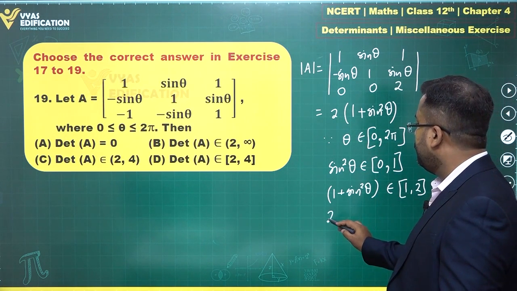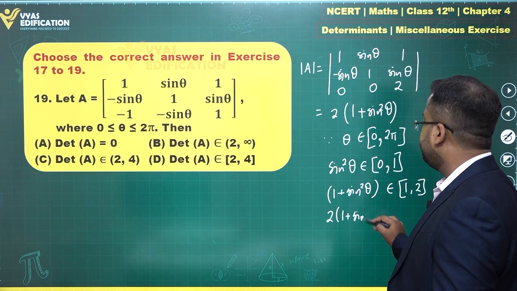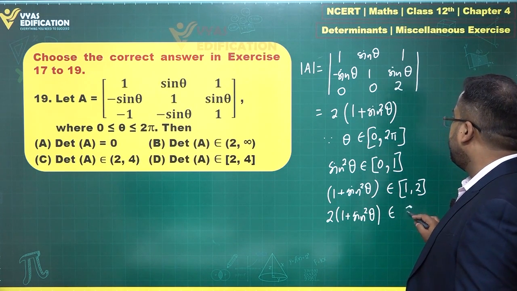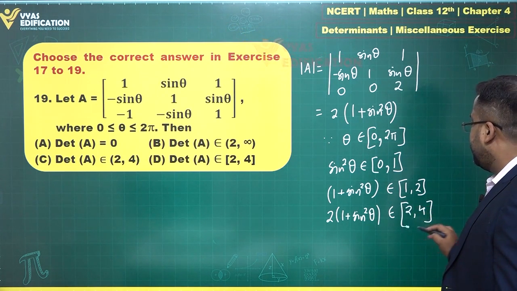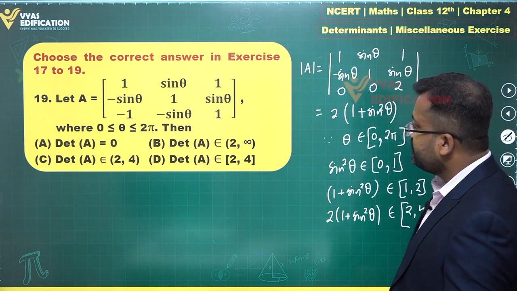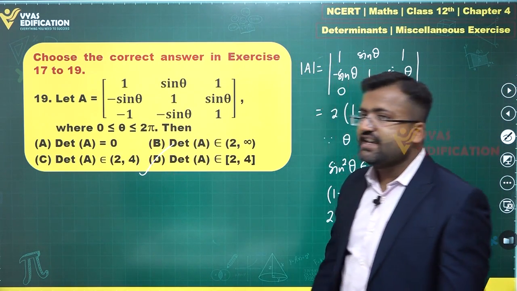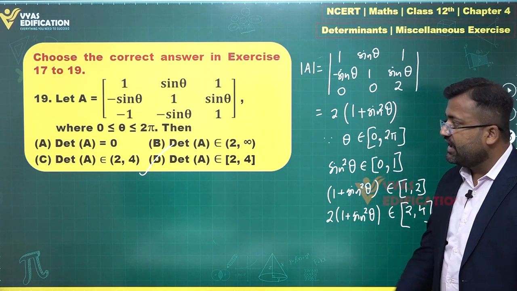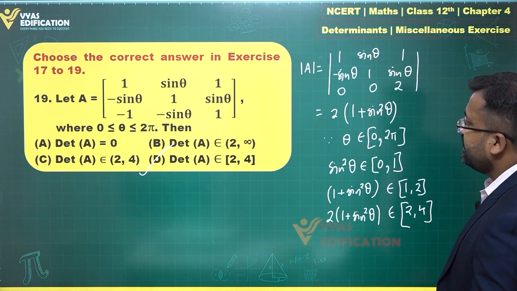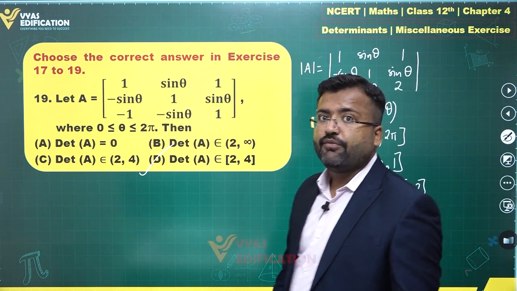Let's multiply by 2. 2 times 1 plus sin square theta will lie from 2 to 4, and that's the range in which the determinant lies. This is from 2 to 4, and option D is the correct answer for this question. Yes, that's all that you have in this question.